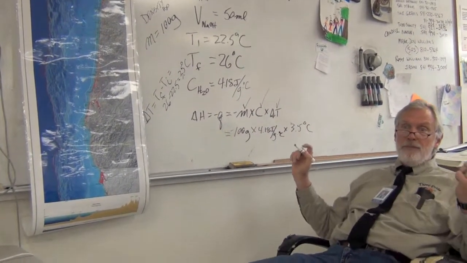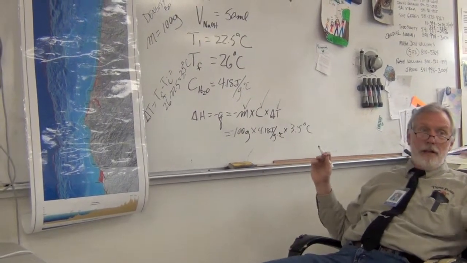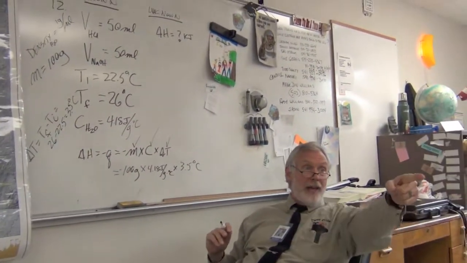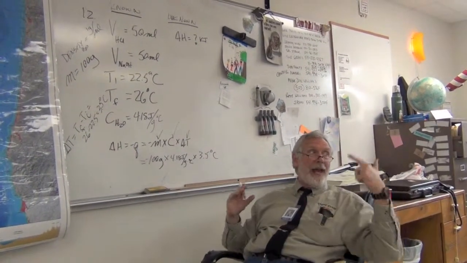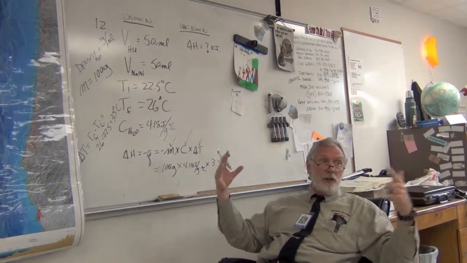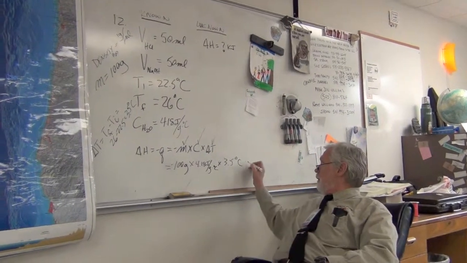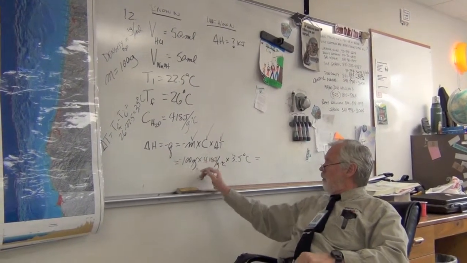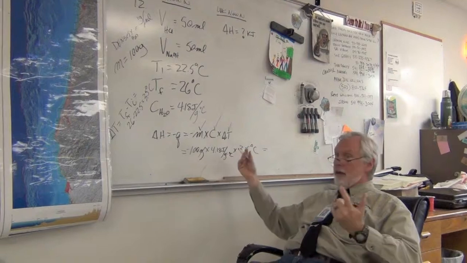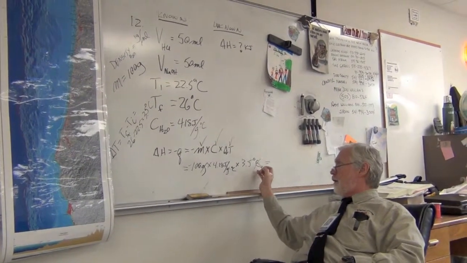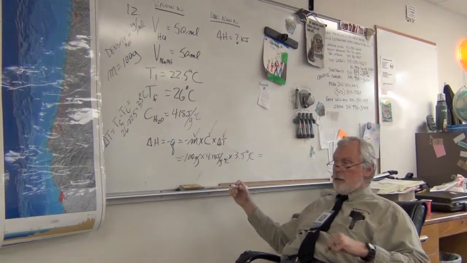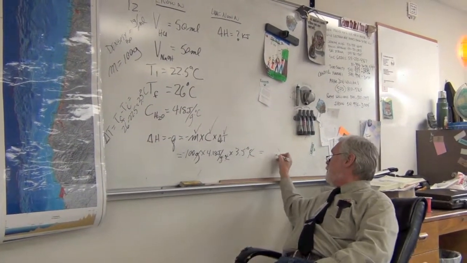Now, before we do the math on this, what do we always do? Dimensional analysis. We analyze, are we getting the right unit? So just cross off the grams and the degrees. We're multiplying by grams, we're dividing by grams, they're gone. We're multiplying by degrees Celsius, we're dividing by degrees Celsius. That leaves us with joules.